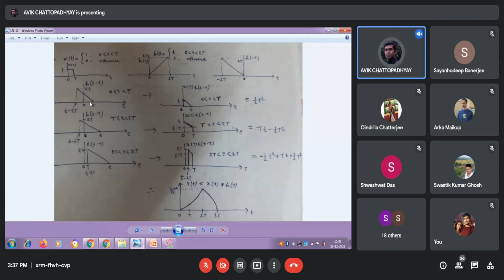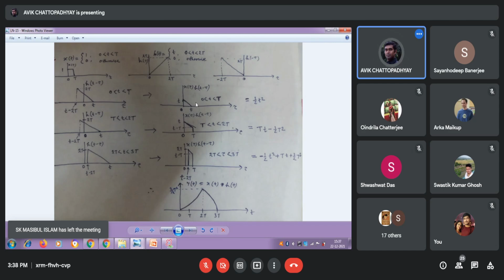If t is at this point, you will get this kind of triangle. If t is at this point, you will get this kind of triangle. So whatever the point of t may be, as long as it is between 0 and capital T, you are going to get a triangle whose two arms are equal. The base and the height are equal, exactly t. And you know how to calculate the area under the curve, so it's basically half t square.